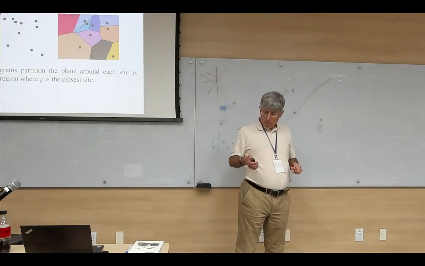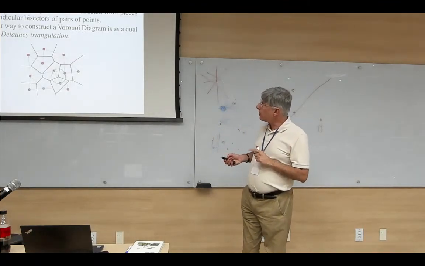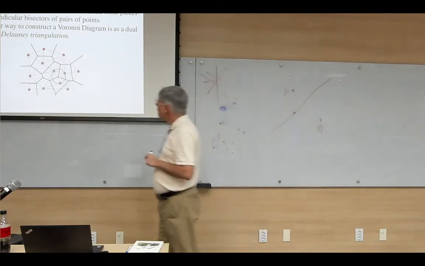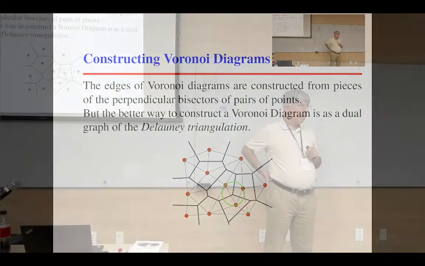There is one other magic way to do this, which I'm just going to show you without actually giving you the idea of how to do it. My claim is that if you take that set of points and you triangulate them, remember we know how to make triangulations? See, there's a triangle, there's a triangle, there's a triangle. Every 3 points on a triangle will define a circle, right?